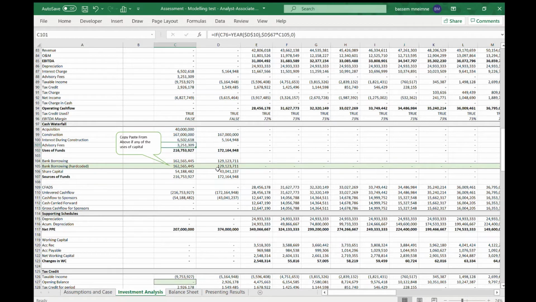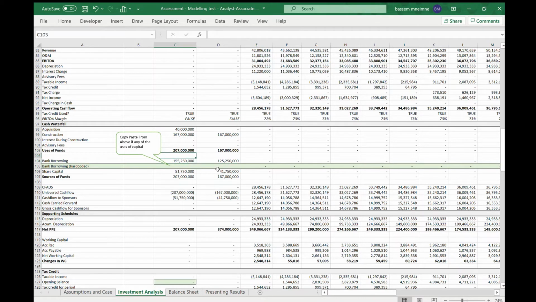And how do I calculate the interest and my advisory fee? I do that by knowing how much my bank loan is. So primarily, when I first start, I don't have anything here, and what I include is the acquisition cost, construction cost, and I don't know what my interest is, and I don't know what my advisory fees are.